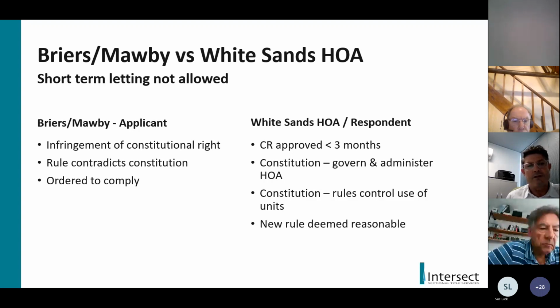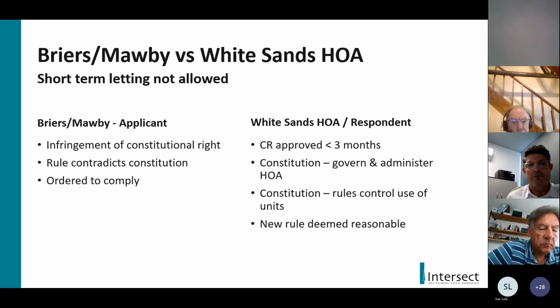He wanted CSOS to make an order to compel the HOA to allow the owner to do short-term letting. The HOA on the other side had conduct rules approved where short-term letting of less than 3 months was not allowed.